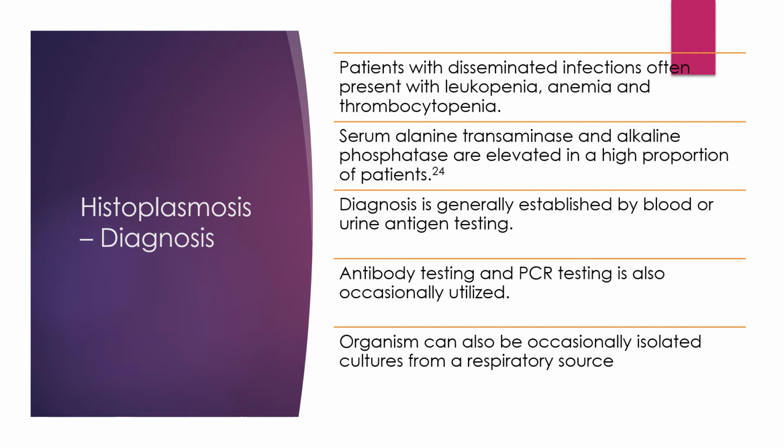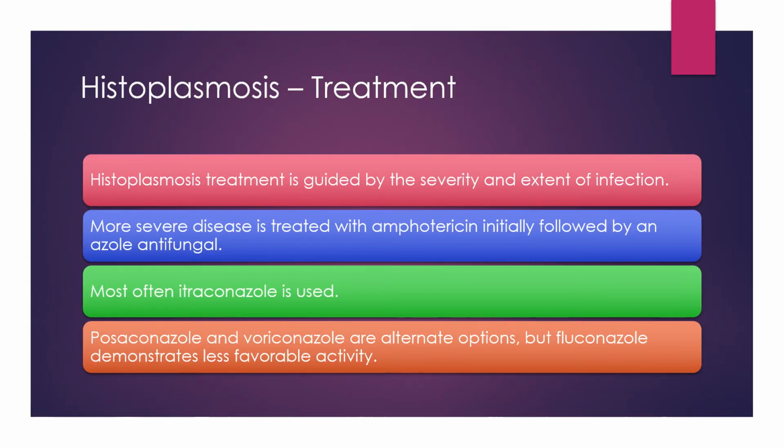PCR has been employed at times as well from either target biopsy sites or from serum. But in terms of lab abnormalities, those with disseminated infection typically have leukopenia, anemia, and thrombocytopenia. And in hepatic involvement, elevated ALT and alk phos are seen in a very high proportion of patients with disseminated histoplasmosis. You can also occasionally isolate it on culture from a respiratory source.